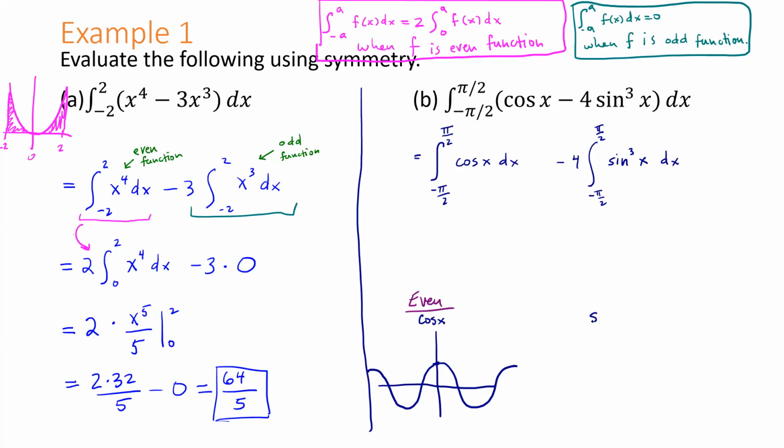And sine x, remember, is an odd function because the graph of sine looks more like this, right? It goes up from the middle, and then on the left side, it's the opposite. So yeah, we see sine is an odd function. And actually, the same would be true for sine cubed, the power of 3.